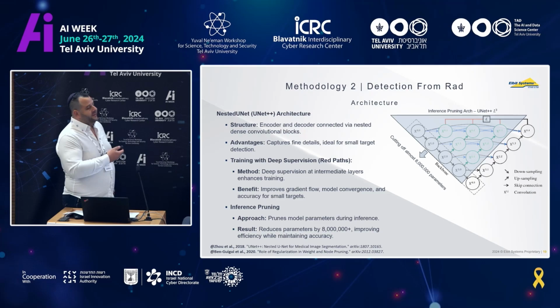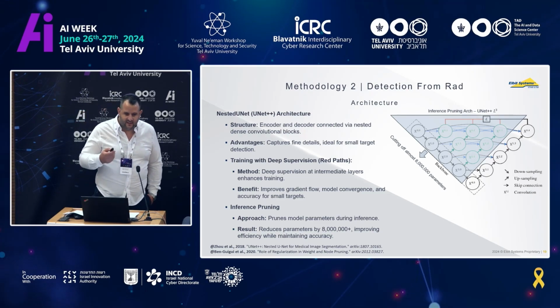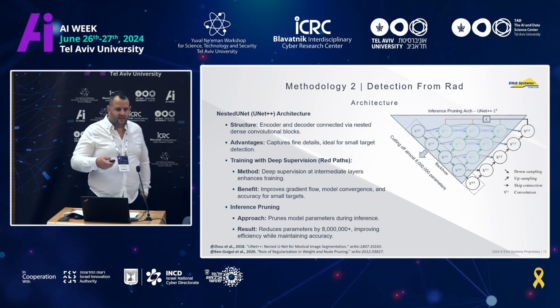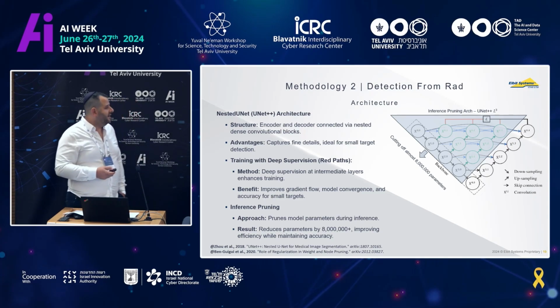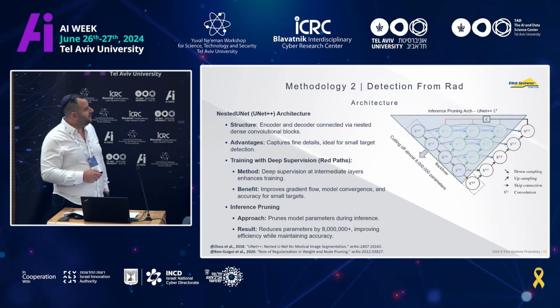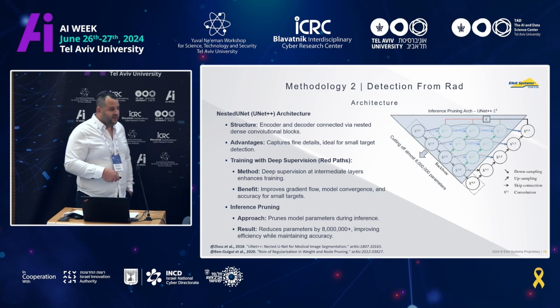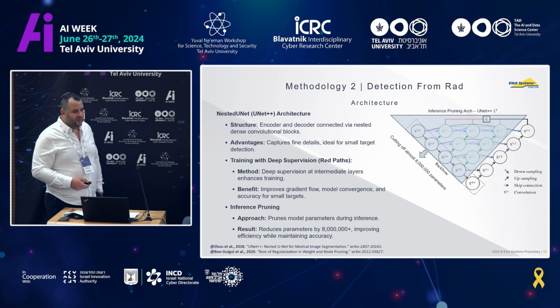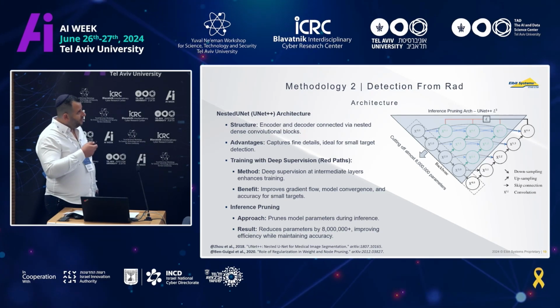But what is the advantage of this architecture? First, it captures the fine details. What does it mean? It's ideal for detecting small targets. Second, we have the deep supervision method. This is the red path. It's in the training only. That improves the gradient flow, the model convergence, and the accuracy for small targets. The third advantage, we have inference pruning. That means that we can run inference on each sub-unit we have here.